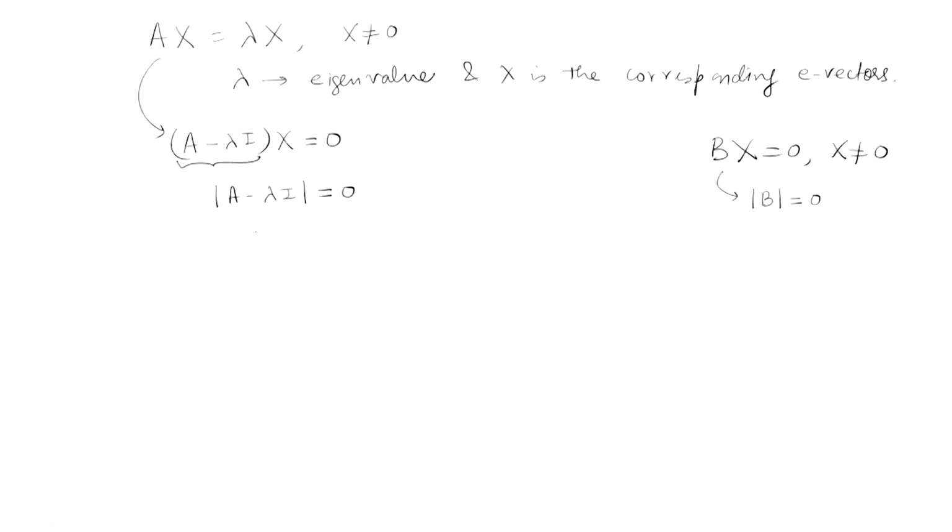Here I am taking the order of the matrix as n cross n, so the degree of the polynomial will be n. Suppose the polynomial which we get after opening this determinant is lambda raised to power n minus C1 lambda raised to power n minus 1 plus C2 lambda raised to power n minus 2 and so on, plus minus 1 raised to power n Cn is equal to 0. Okay. This polynomial is called the characteristic polynomial.